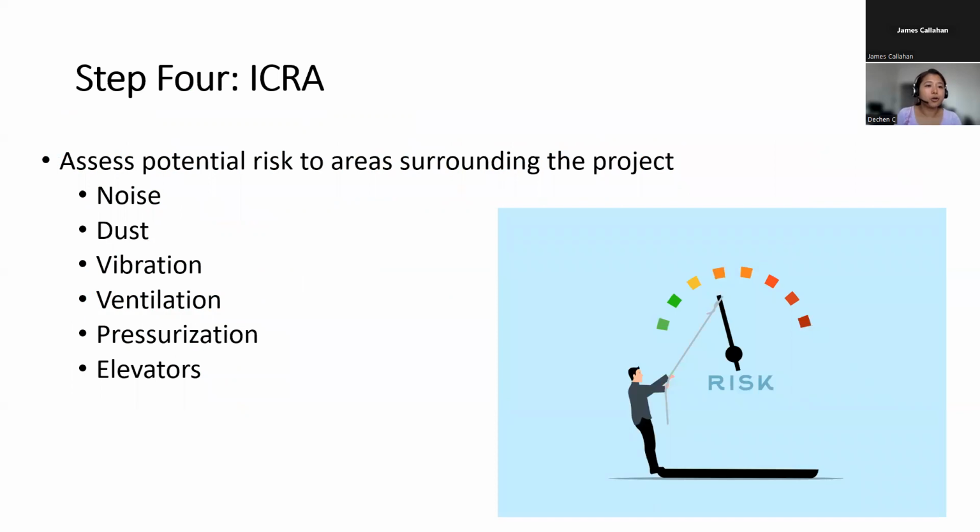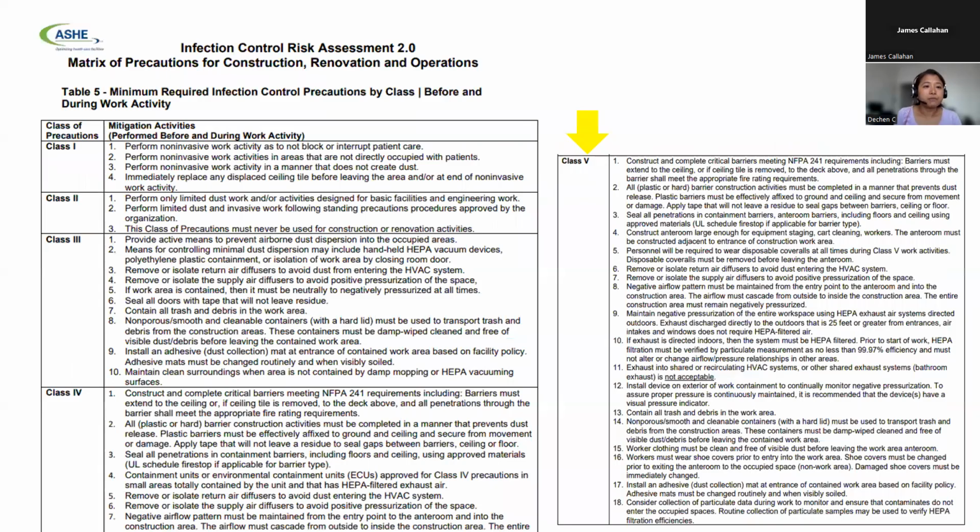And in step 4, what we do is we assess the other potential risk surrounding the project, which is noise, dust, vibration, ventilation, any pressurization issues, and any issues with the elevators. And then in the final step, which is step 5, which is the class of precaution list, they list the mitigation activities.